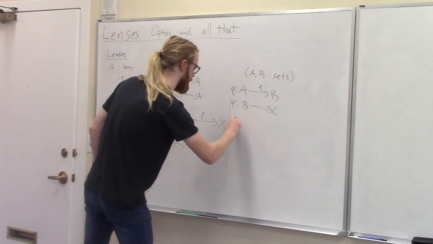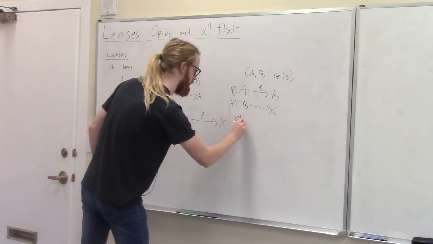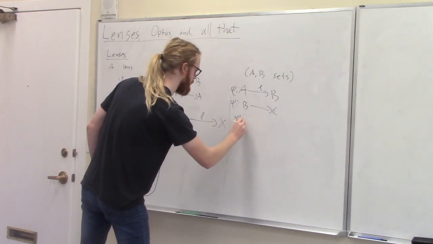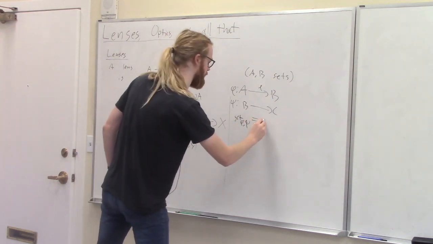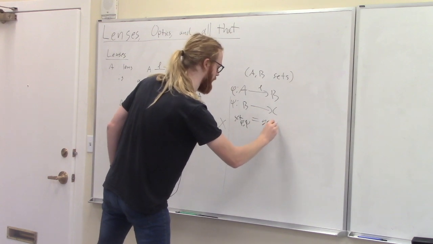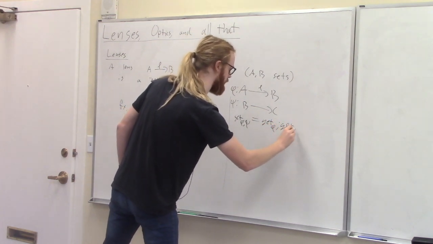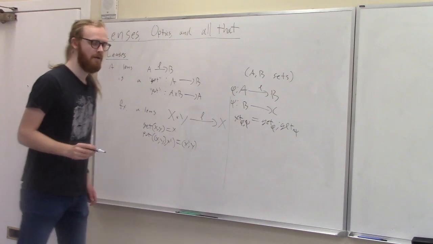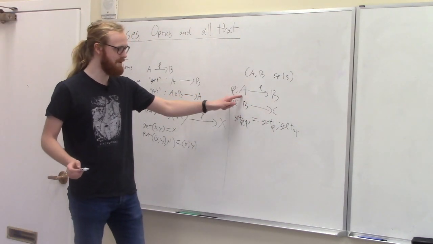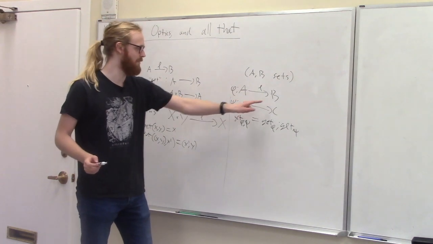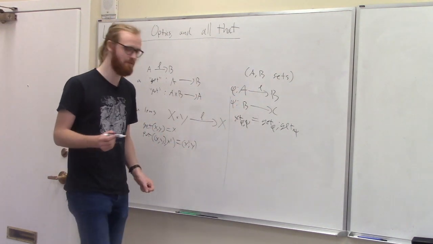Well, get of phi compose psi is just going to be get phi compose get psi. So if I want to read a C out of an A, and I know how to read a C out of a B and a B out of an A, I just do those two things in order.